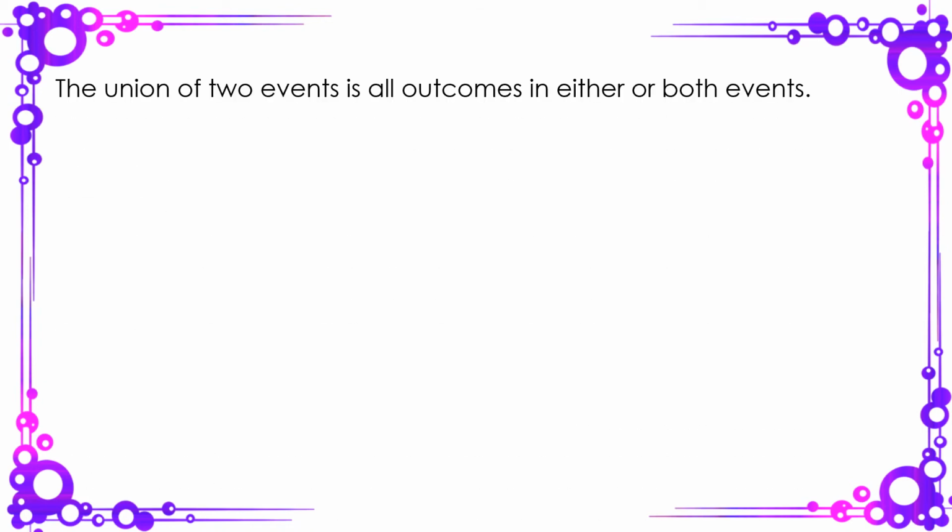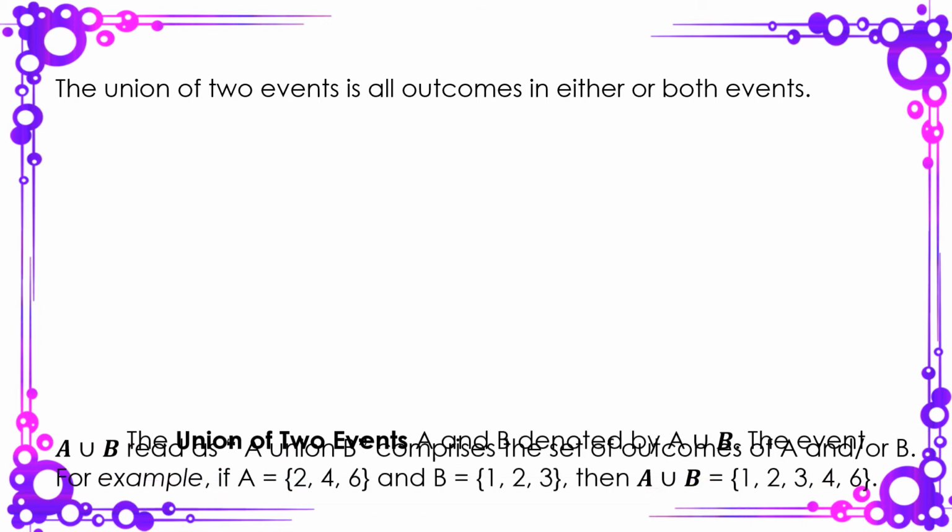And this time, we are discussing the union of 2 events, which is all outcomes in either or both events.